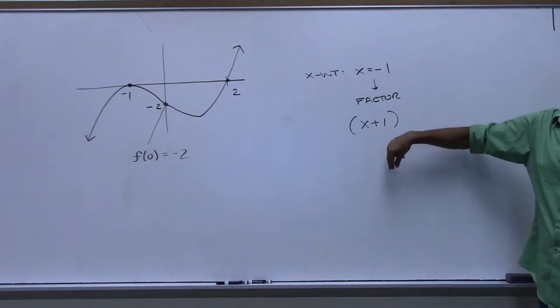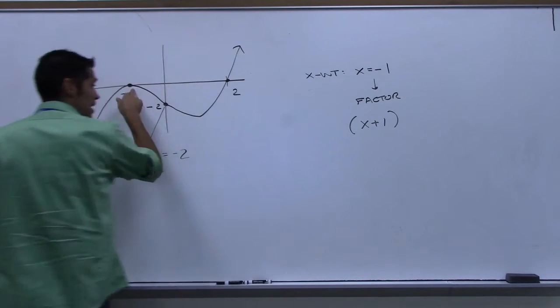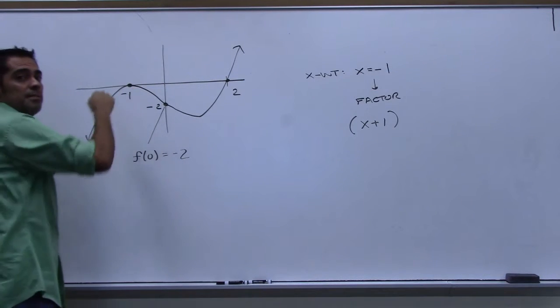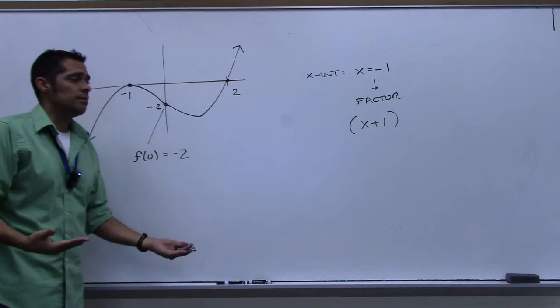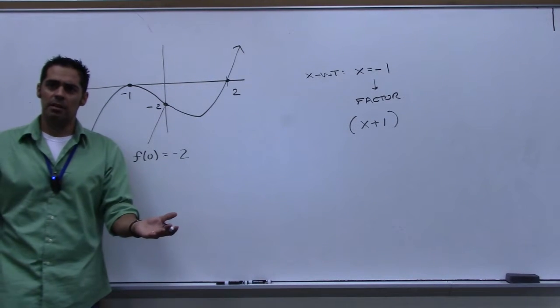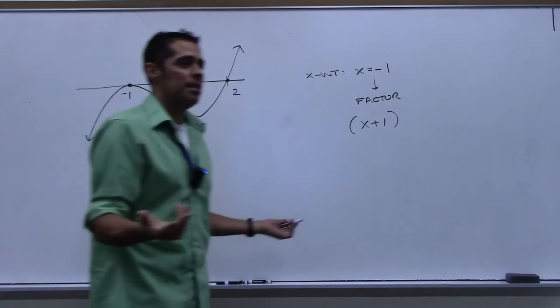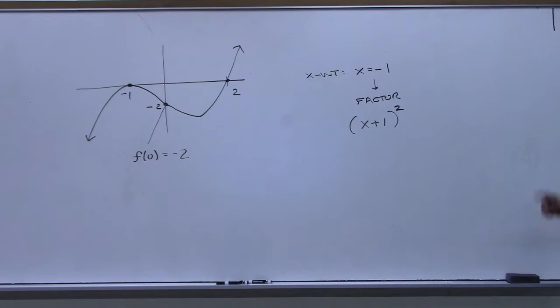So we're working backwards. In addition, because it touches there, I know that the power on that has to be even. Yes? And it's my choice now to make it 2 or 4 or 6 or 8. That's why I'm saying everyone's going to have a different answer here. I'm going to pick 2. Why? Because I don't want to make this more complicated than it has to be. So I'm going to put a 2 on it. So that I know right now is part of my function, right?